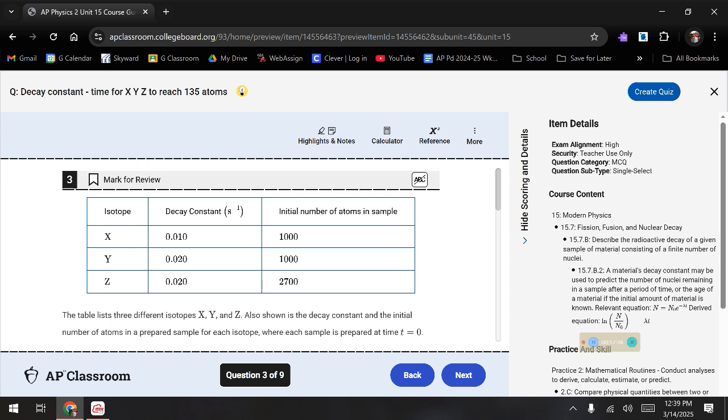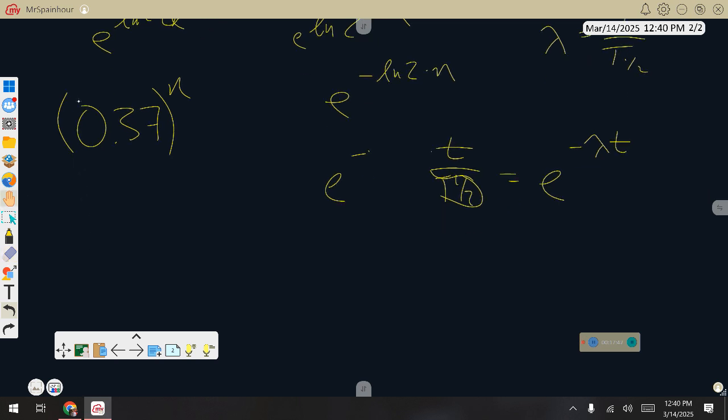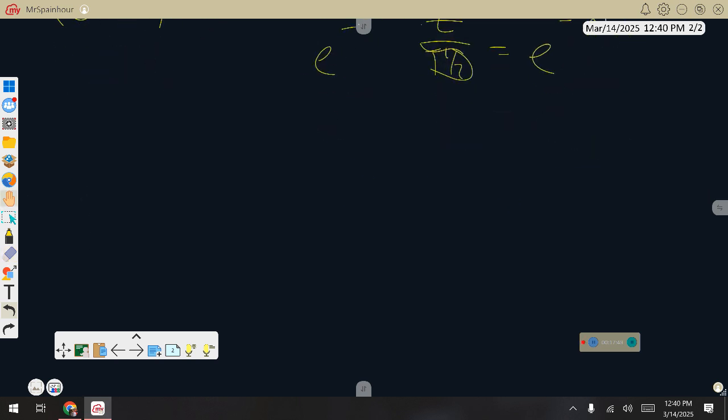How you feeling? Okay, the highlight of what I'm trying to get to right here is that it looks like the AP test does not use the standard half-life equation like we are using. But they are in fact using the exact same equation at the same time. Our equation is this.